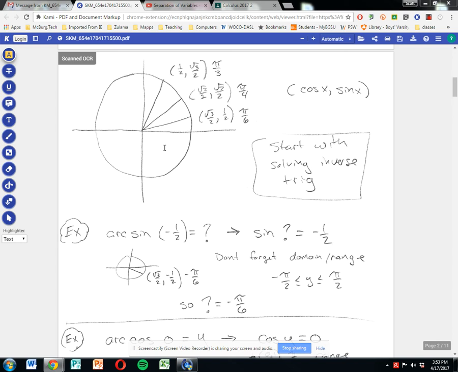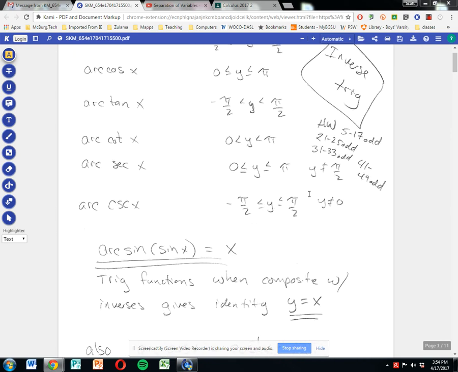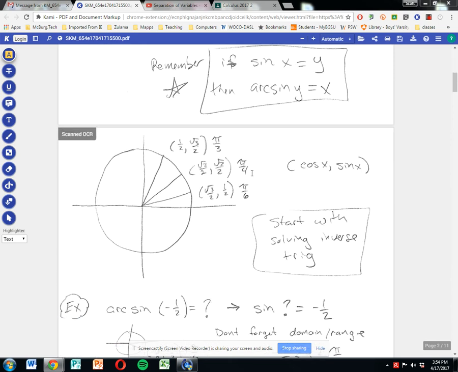So we're going to start by solving some of these. Arc sine of -1/2 is what? What this means is if arc sine of -1/2 is question mark, that means that sine of question mark is -1/2. Again, remember that whole idea: if it maps A to B, then the inverse maps B to A. Don't forget, arc sine's range is between -pi/2 and pi/2.